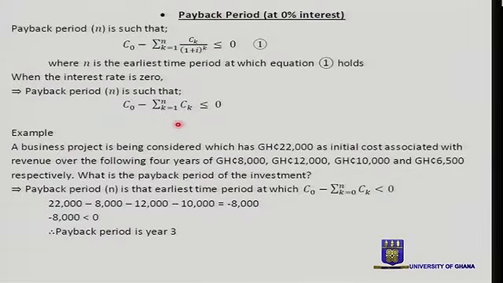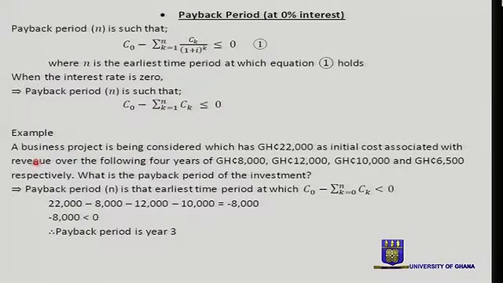Supposing we have a certain investment which is supposed to yield some cash flows over some time period, we just want to evaluate at what time period we would recover our initial investment C0, or at what time the difference between C0 and the inflows becomes zero. You look at the inequality sign here, it says it should be less than or equal to zero. The moment the expression on the right-hand side becomes a value less than or equal to zero, it is an indication that by that time we have recovered whatever investment we have made.